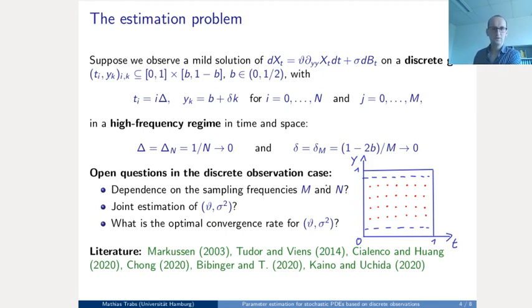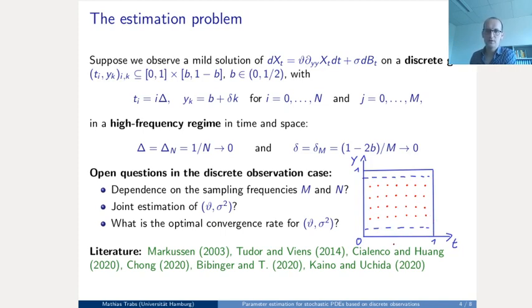So we consider discrete observations on a regular grid, which is illustrated here. We cut out a margin at the boundary of the spatial domain here for some technical reasons. And then inside this rectangle we have a regular grid.